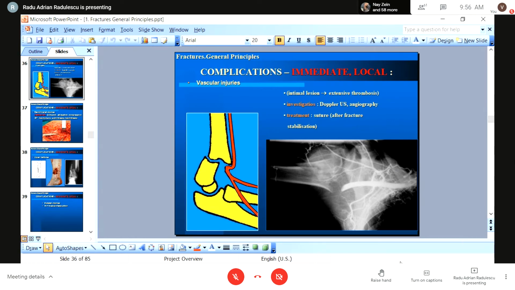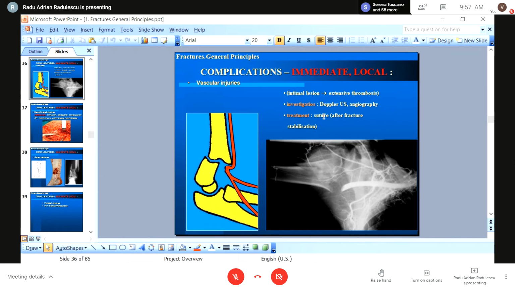Like you can see in this drawing on this slide on the left side, a sharp fragment of the fracture may impinge over the brachial artery, because we refer here to the elbow area, and produce damage of the artery with the interruption or diminishing of the blood flow at the level of the upper limb, which is a very severe complication which may compromise the upper limb.